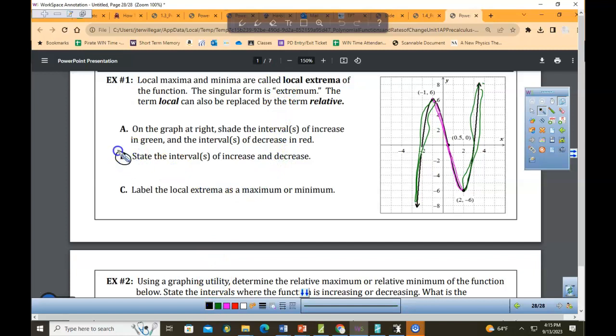All right, so B. State the intervals now where it's increasing and decreasing. So I'm increasing on green. So I'm increasing from negative infinity to -1.